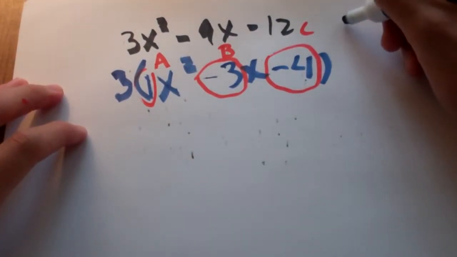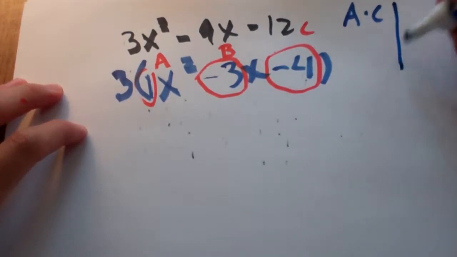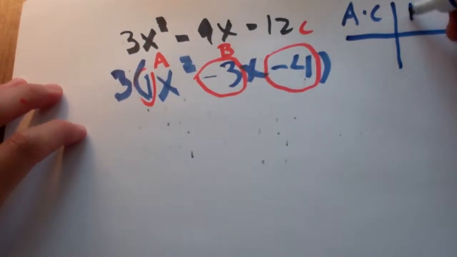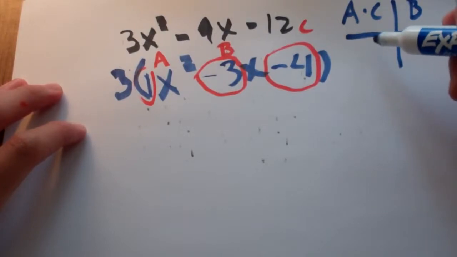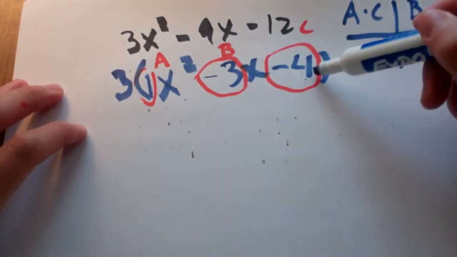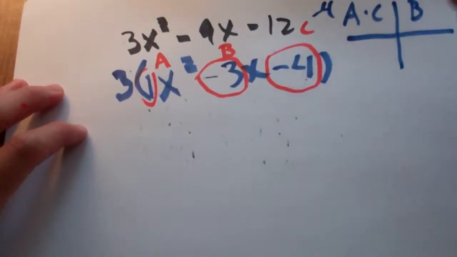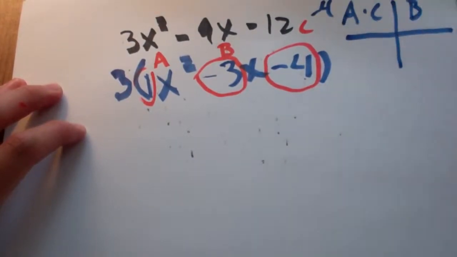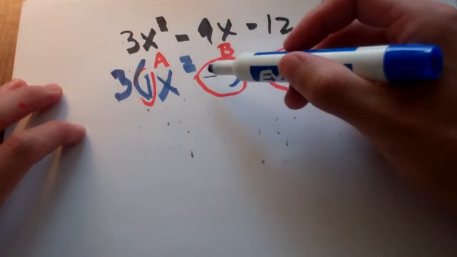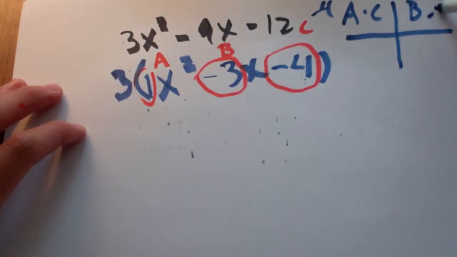This is A times C. Here's my little chart. And B. Okay. A times C is negative 4, right? So I have to find two numbers that when I multiply them together will give me a negative 4, and when I add them together will give me what B is, a negative 3.